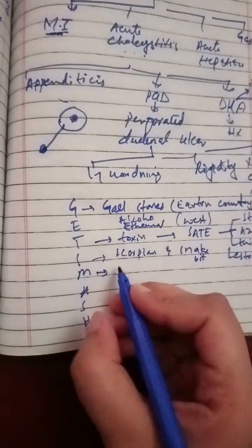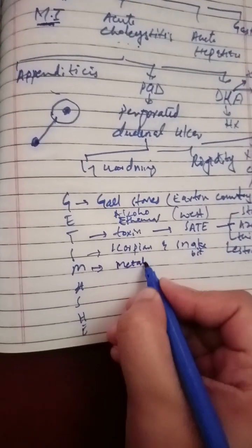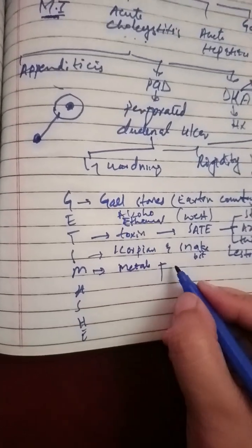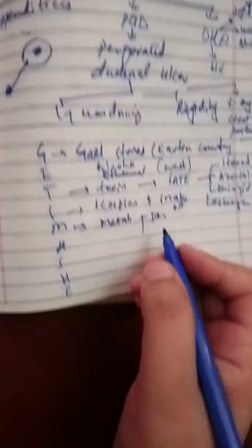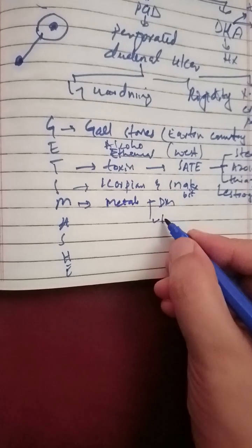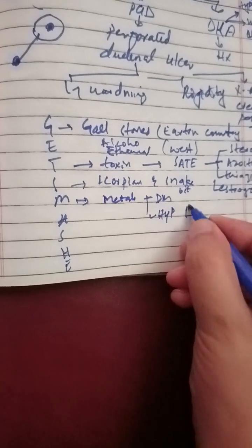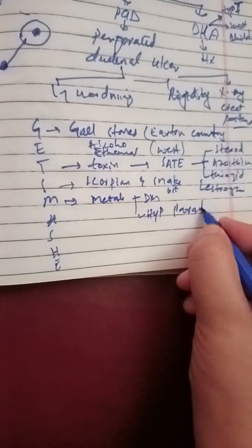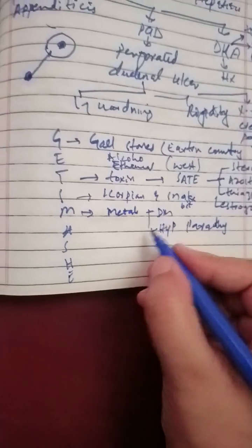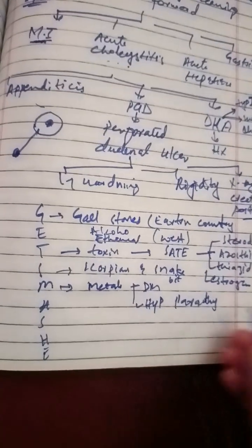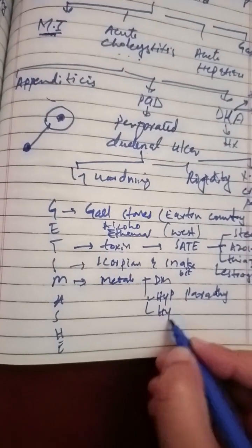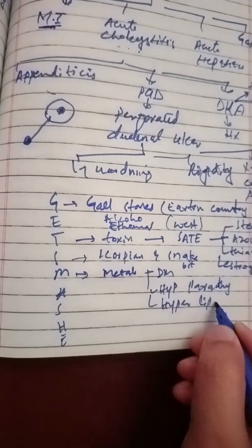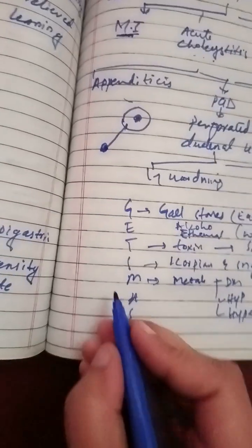M is for metabolic, and in metabolic, the conditions responsible for acute pancreatitis are diabetes mellitus, hyperparathyroidism, and hyperlipidemia.